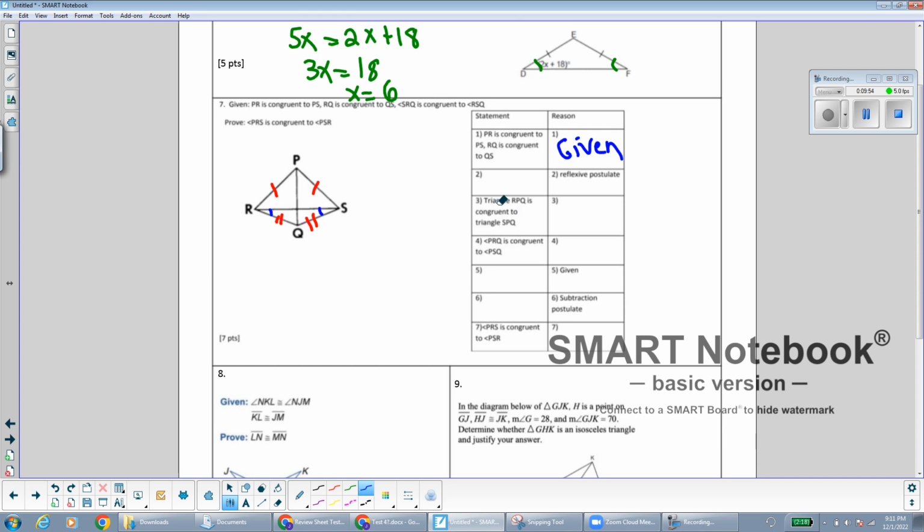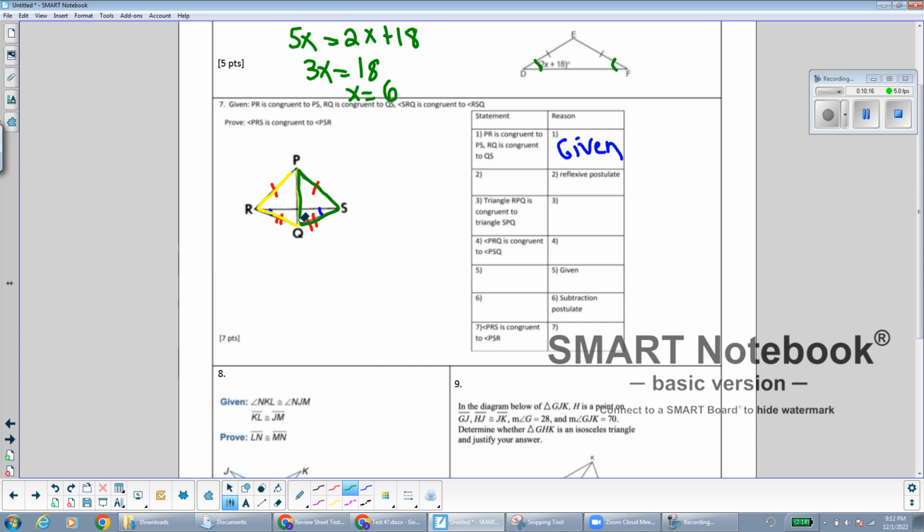We're trying to first prove that triangle RPQ, so that's this triangle over here, is congruent to triangle SPQ, this triangle over there. I'm going to highlight them. Here's triangle RPQ. And here's triangle SPQ.